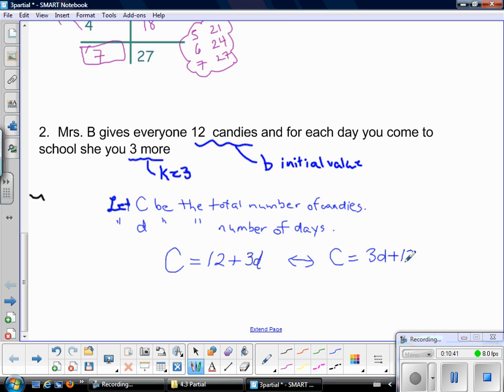They mean the same thing. Sometimes when I'm translating, because they often tell us that initial value first, it's easier to put that in first for the equation, but either way works. So again, it's in the form y equals mx plus b, in the sense that we have a b value other than 0 this time. Okay, so some questions tomorrow in class.